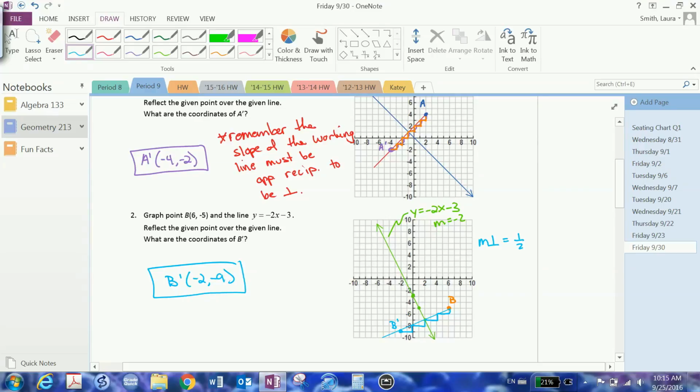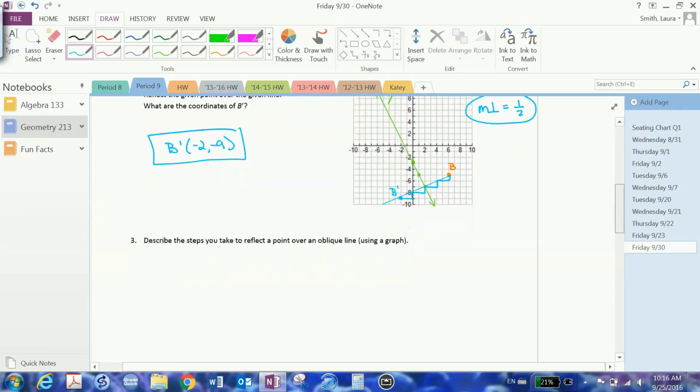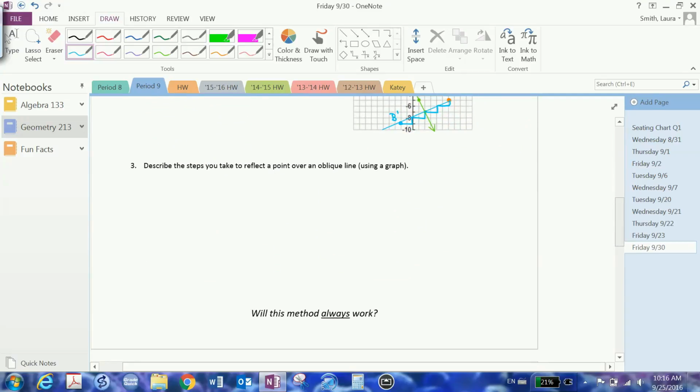All right. Does that make sense visually? Do you see it? This is really important, though: we're going perpendicular to our line of reflection. All right, so let's just summarize what we've done. Obviously, the first thing, if we're doing this graphically, I'm going to graph the point, which is our pre-image, and the line of reflection.